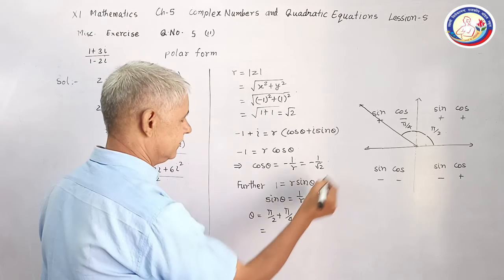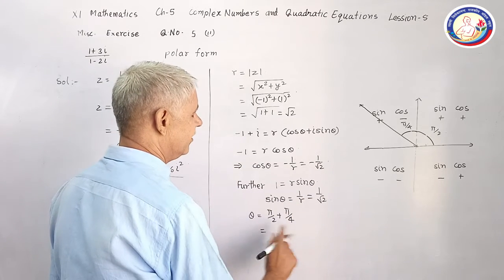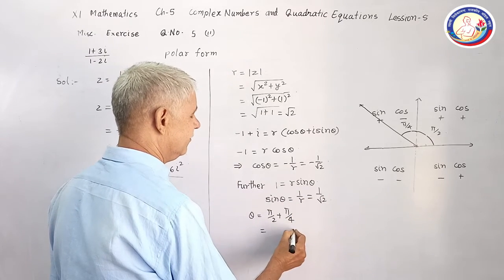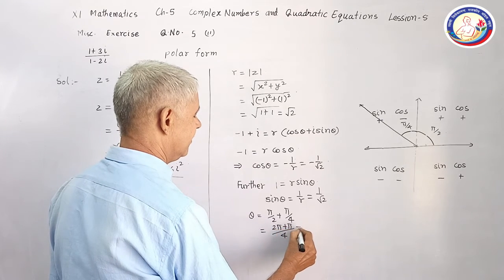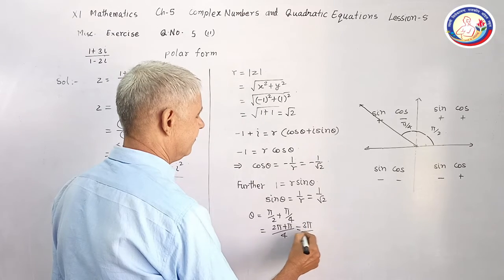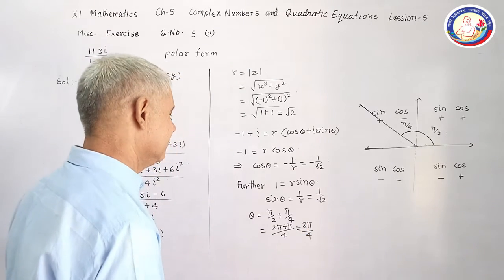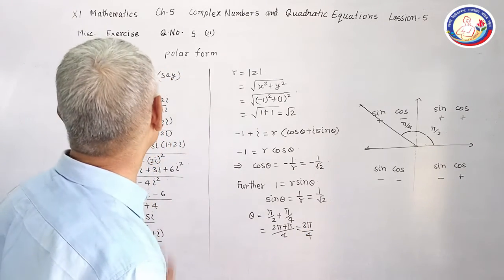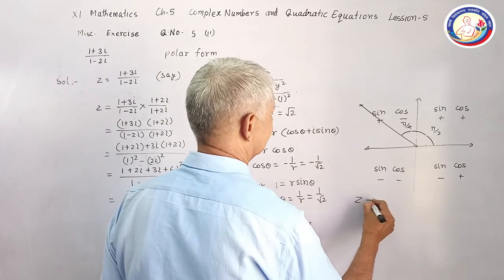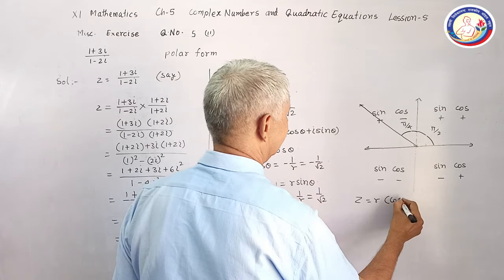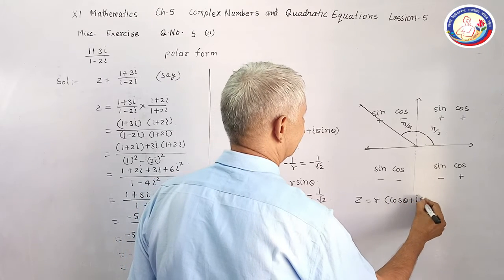And on adding these two, we will get 2 pi plus pi, that is 3 pi by 4. So what is the polar form of this complex number z? Z will be written as r cos theta plus iota sin theta.